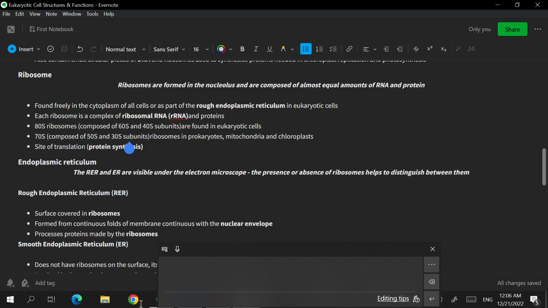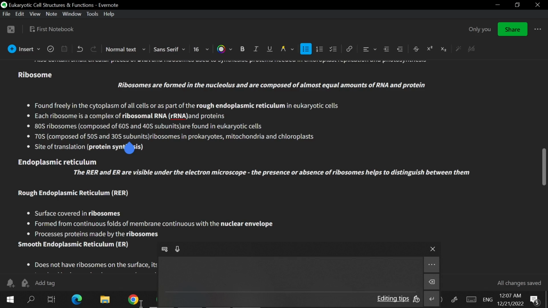You have 80S, you have 70S. Of course, each has a subunit, a larger part and a smaller part. The large parts are 60S and 50S, and the small parts are 40S and 30S. You don't need to know or remember these.